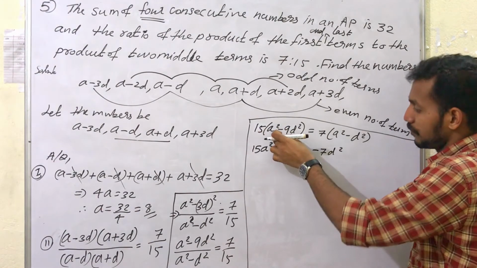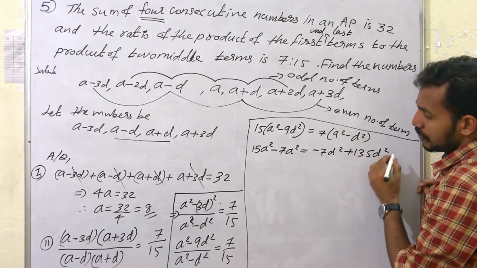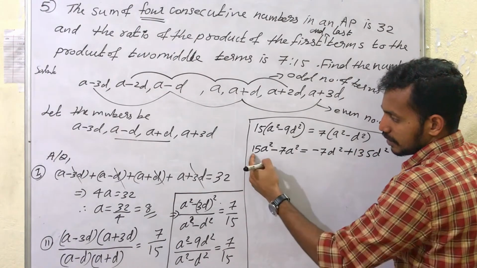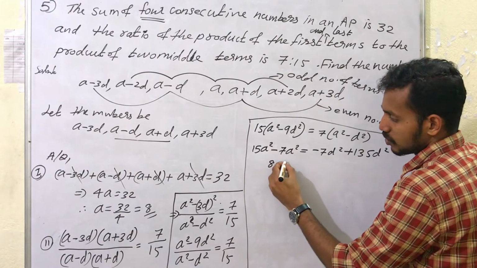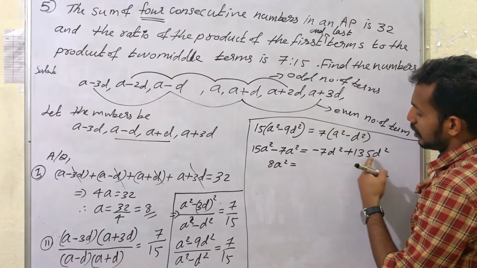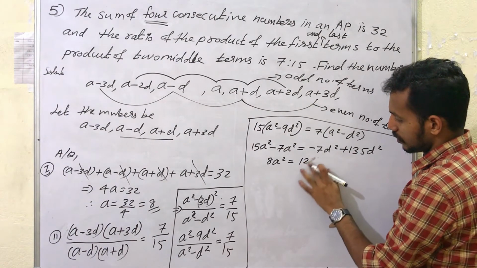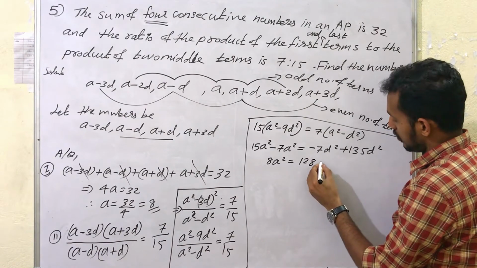Minus 135 taken here will be plus 135d square. What will you get? 15 minus 7 is 8a square is equal to minus 7 plus 135, which is 128d square.